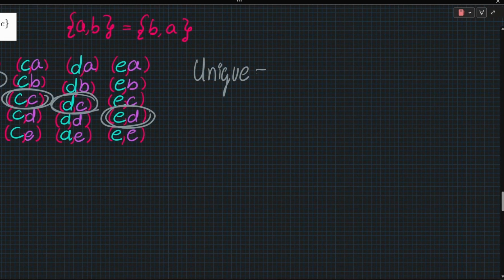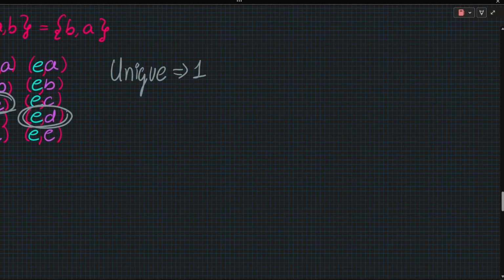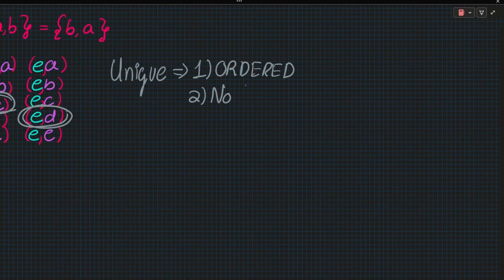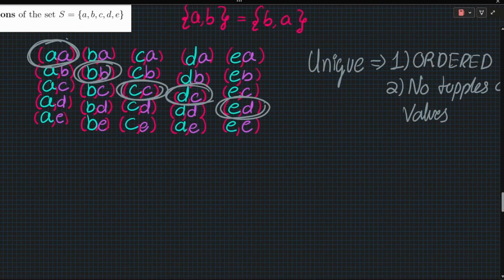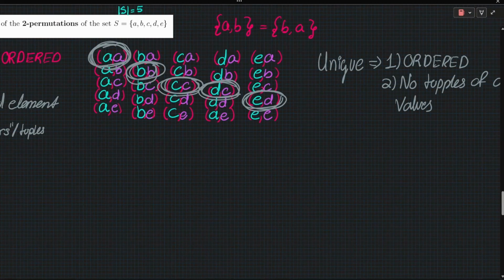And when it says unique, this tells us two things: one, that it's ordered, and two, that there are no tuples of duplicate values. This means we can never have a naturally occurring permutation with repeating pairs like AA, BB, CC, DD. So that's the filtering we have.